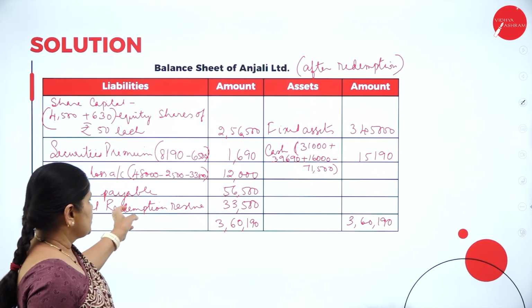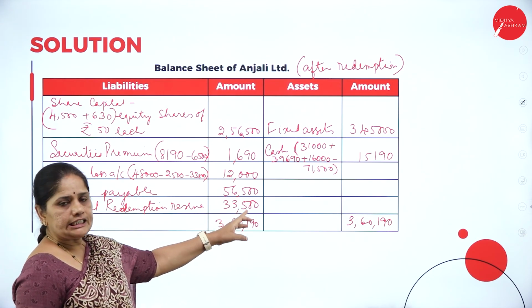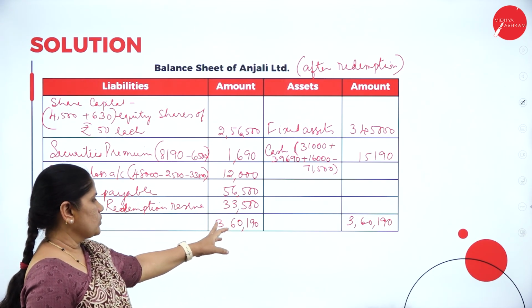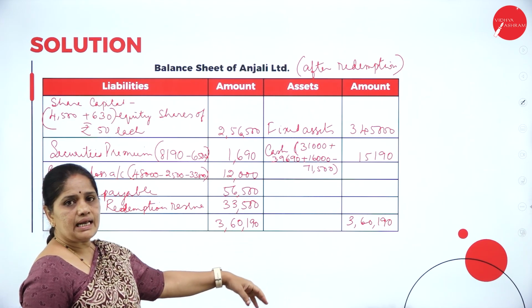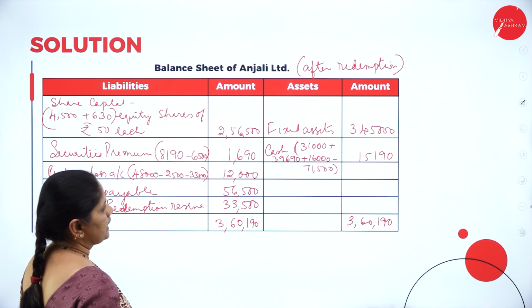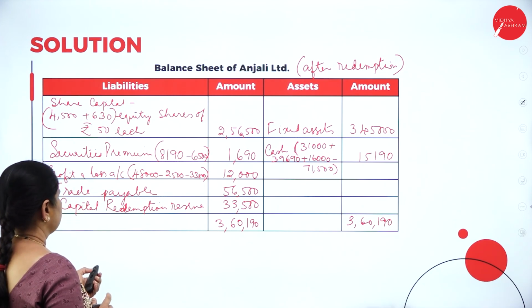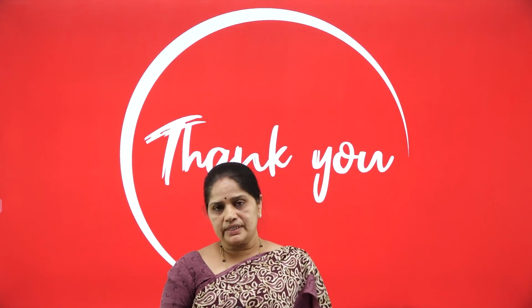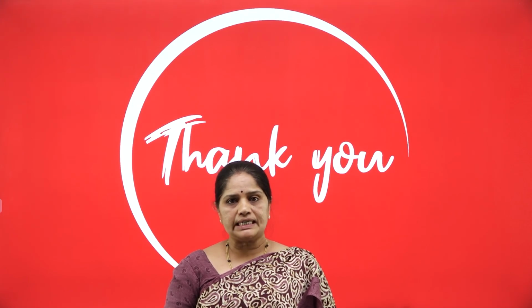We also have to mention the capital redemption reserve 33,500. So we get a total of 3,60,190 rupees. In this way we have to work out the problems. With this we come to the end of the session. Hope you have all followed it. Thank you.